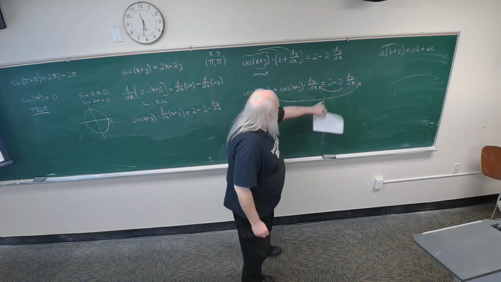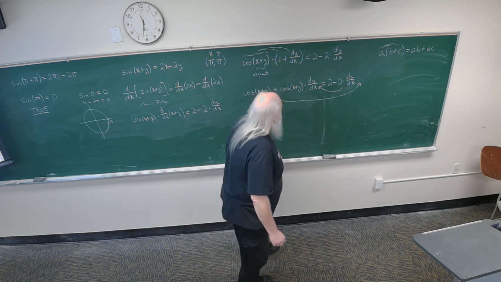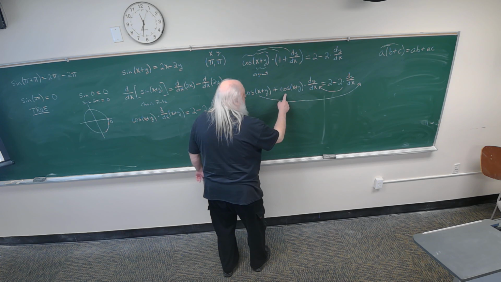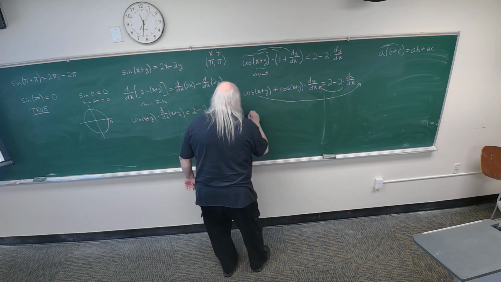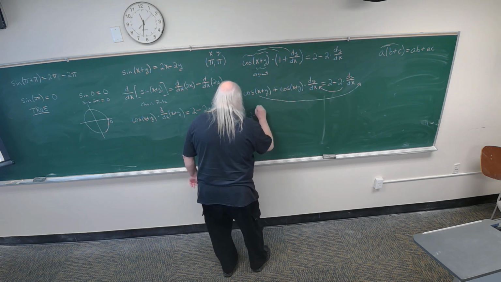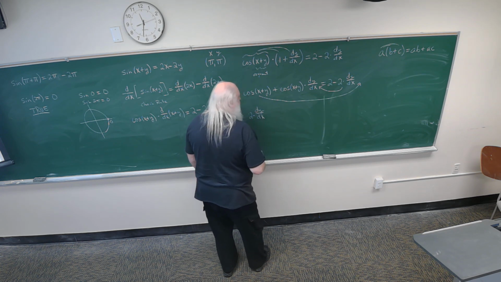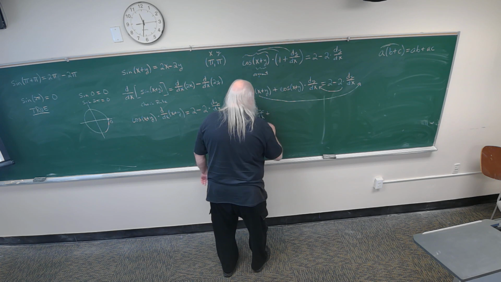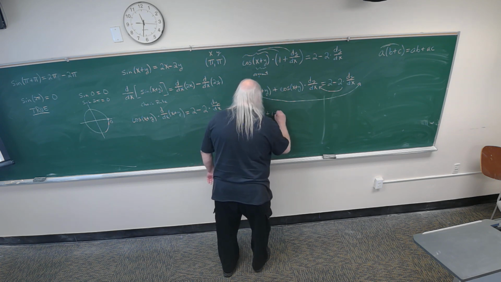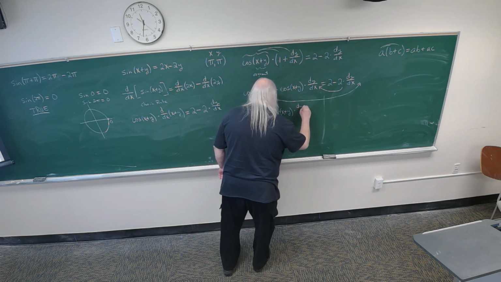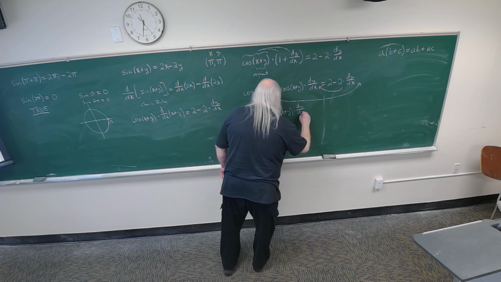So when I add 2 times the derivative of y with respect to x to the left-hand side, I have 2 times the derivative of y with respect to x plus the cosine of x plus y times the derivative of y with respect to x.